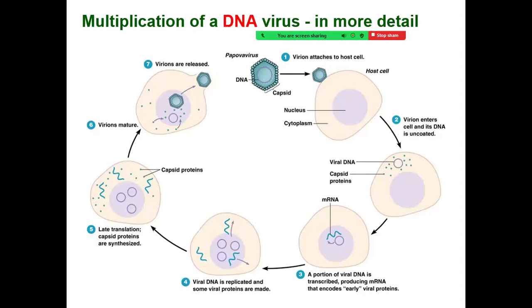And you don't need to know about the third one. We won't talk about it. But the point is the virus will be released from the host cell, and then it can infect another host cell, causing the process to begin all over again. Any question about any of that?